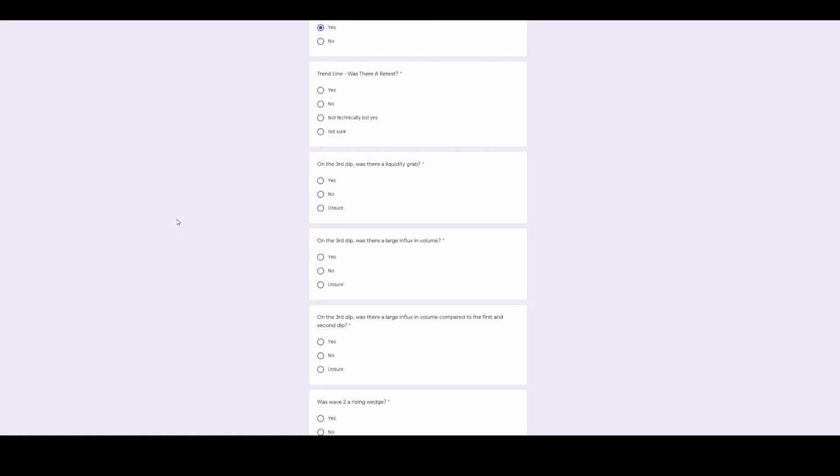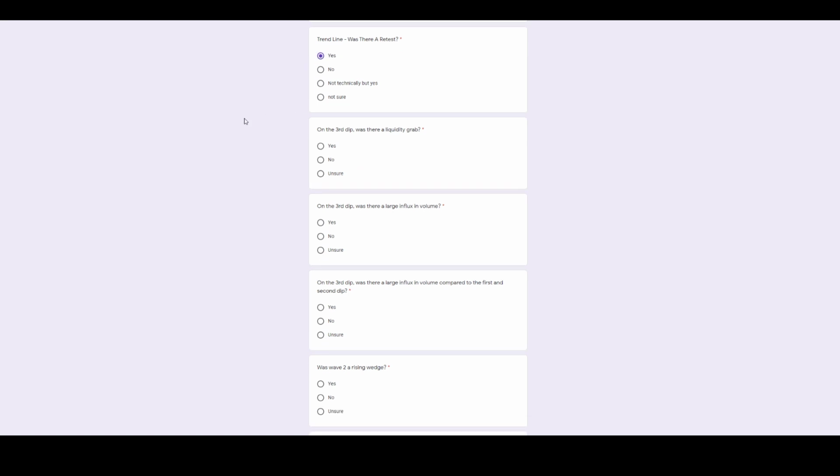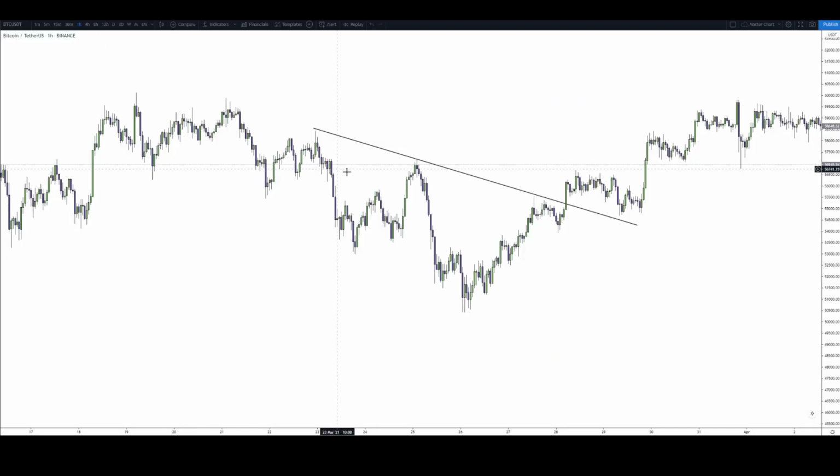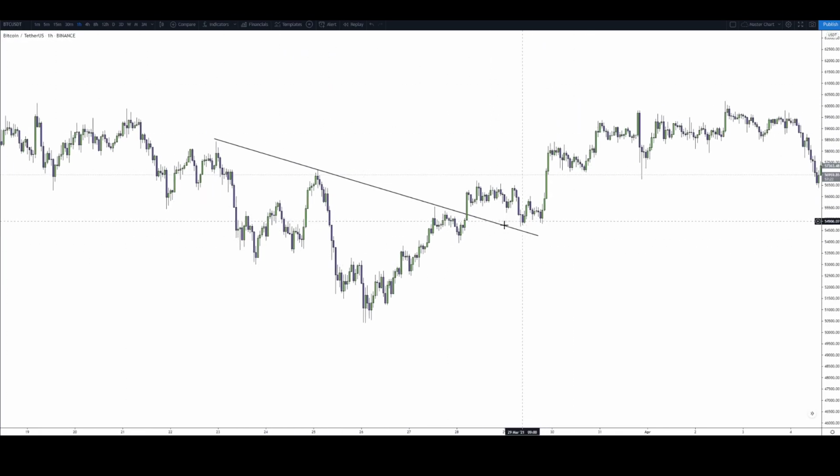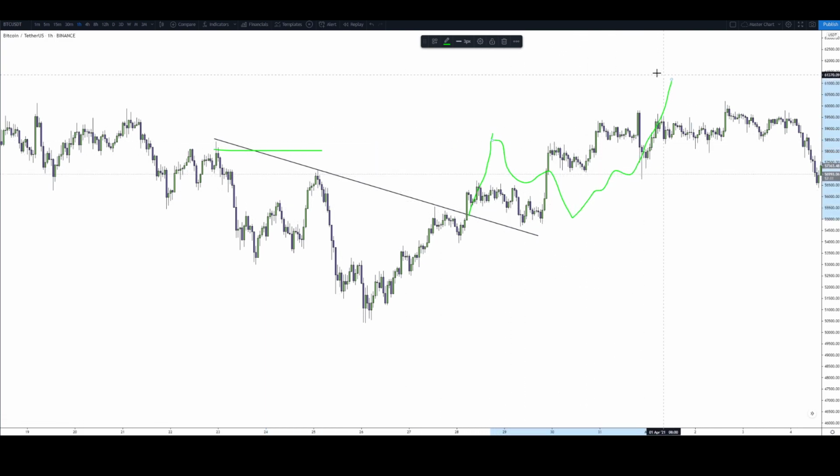Yes, it was. Trend line, was there a retest? We already know there was, yes. Not technically, but yes. So this is when it's like, let's say for instance, like this here, for me this is clean enough, right, because it's right here. But let's say for instance, it went up like this, hit target 2 or something, and then came back down like this, and then carried on.